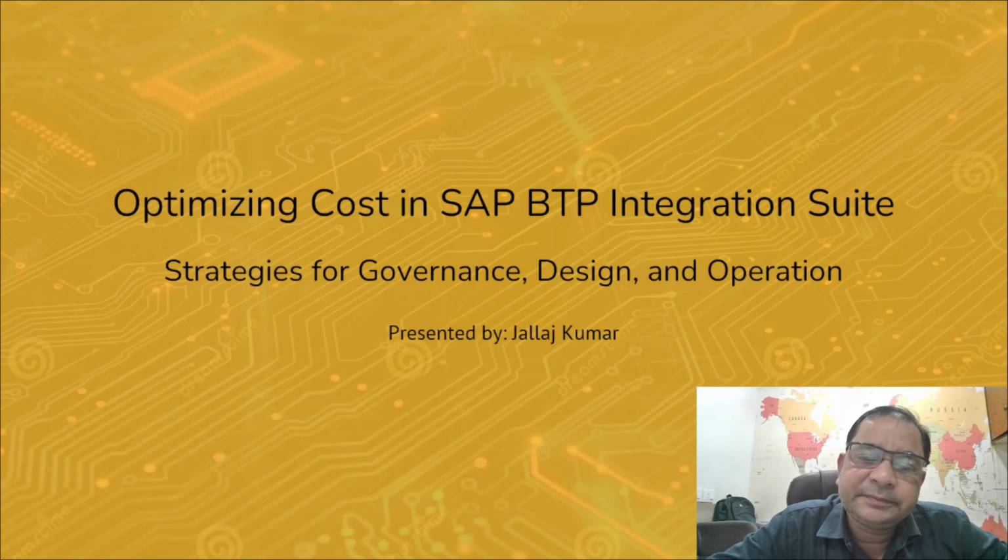But over time, they have seen that most of the companies end up paying more than SAP PIPO, because they have not optimized their cost for the SAP BTP integration suite. So what are the guidelines? What can we do? In this video, I'm going to talk about these things only.